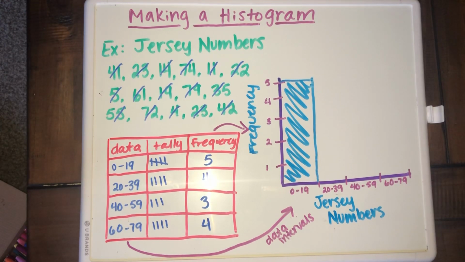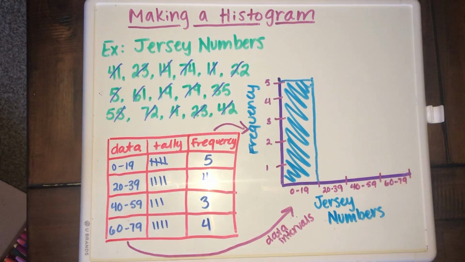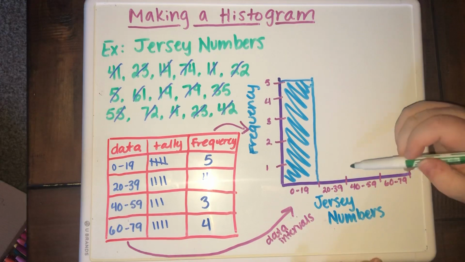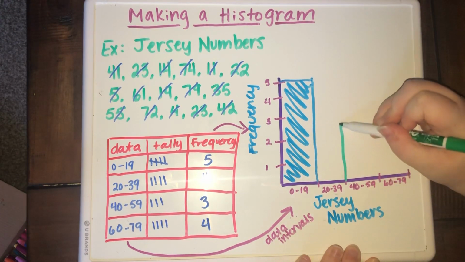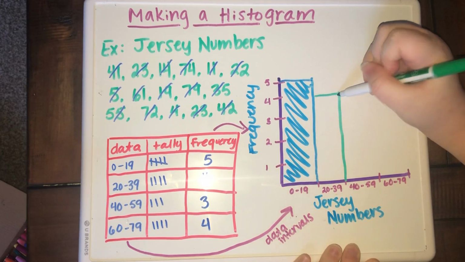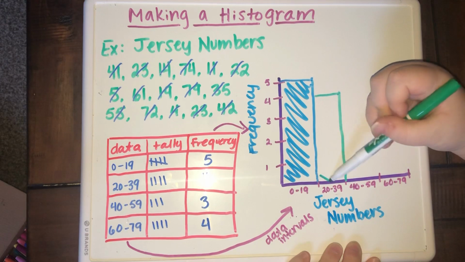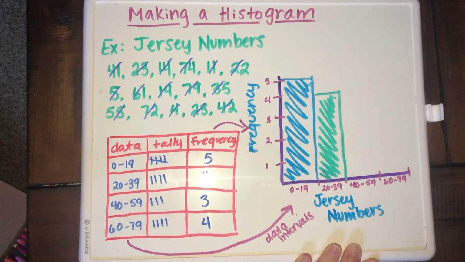So then moving on to the next interval, we've got 20 to 39. For 20 to 39, we've got a frequency of 4. So you're going to start over here and go all the way up to 4. And it's okay if they're not perfectly even. We do want them as even as possible, but I do understand it's hard to get everything perfect.